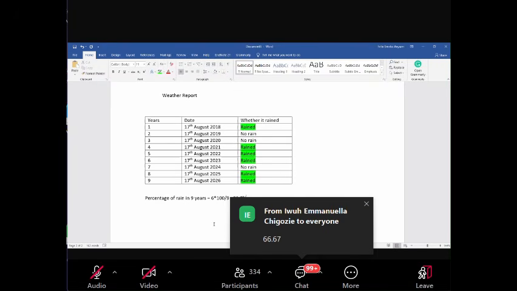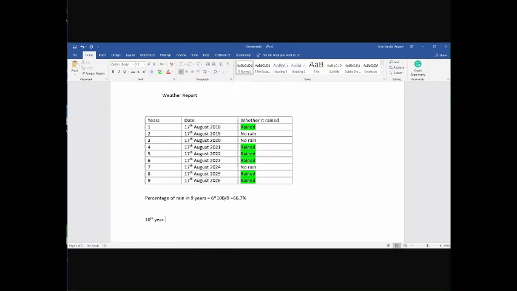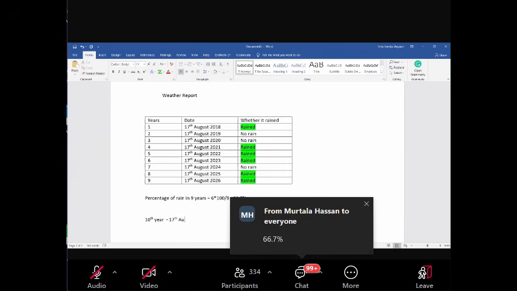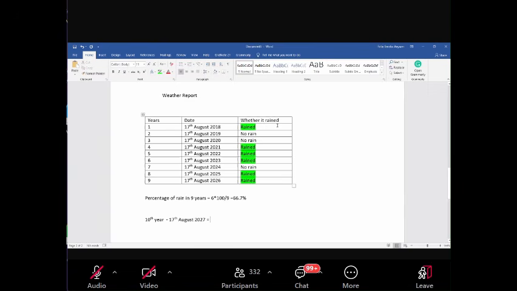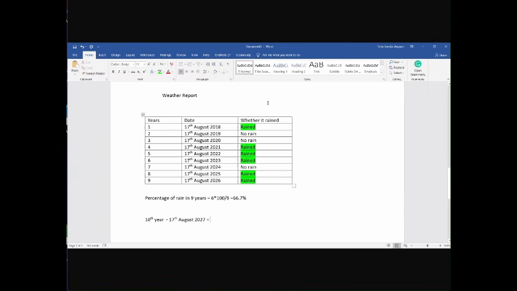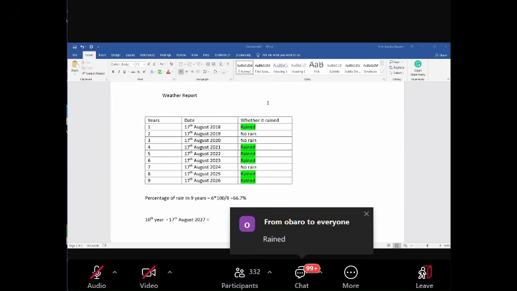So based on the data that is collected for 9 years, now we have the 10th year, 17th August 2027. What do you think, based on this data, the weather report will say?